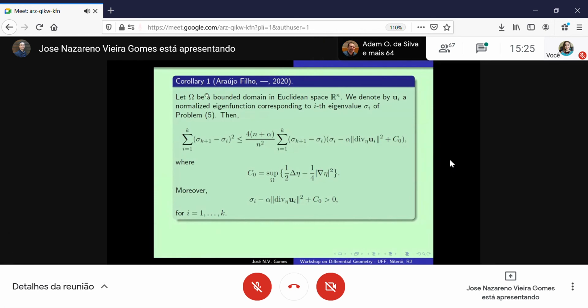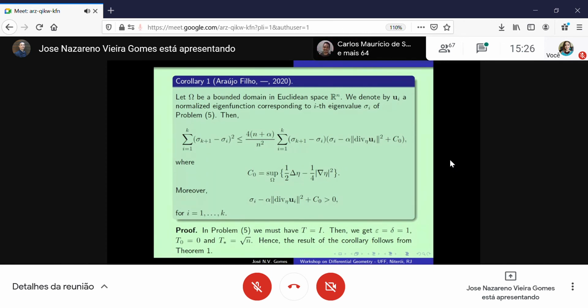This corollary follows immediately from theorem 1. And we have this estimate, the quadratic estimate, where C0 is more particular than in theorem 1. Moreover, this part is positive. That's an important property. Okay. The proof follows immediately from theorem 1.